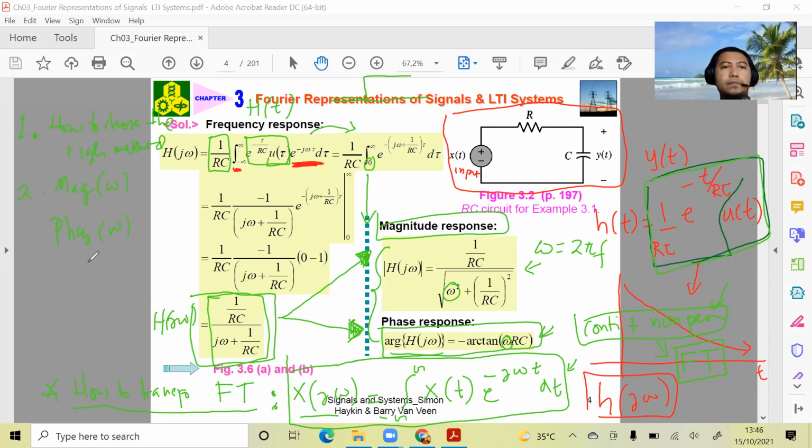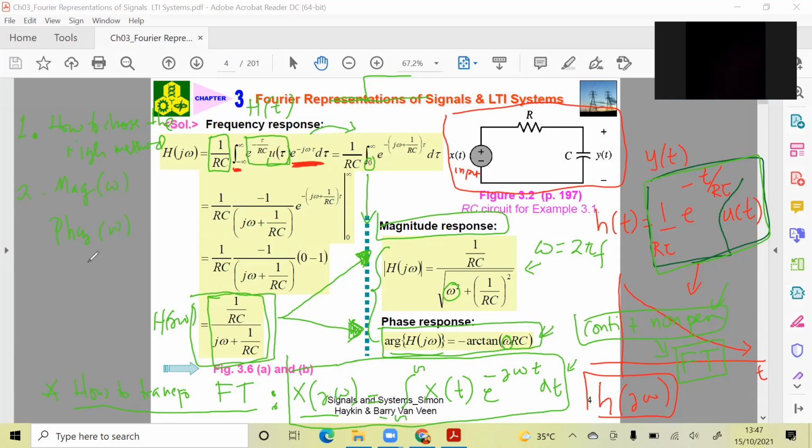If you already know how to choose, and how to express the magnitude response and the phase response, then that is enough. Okay. Is there any question?